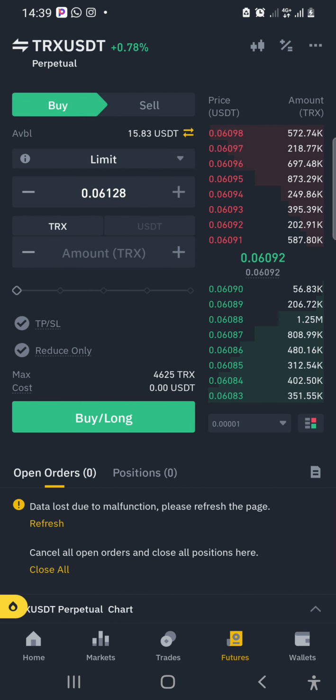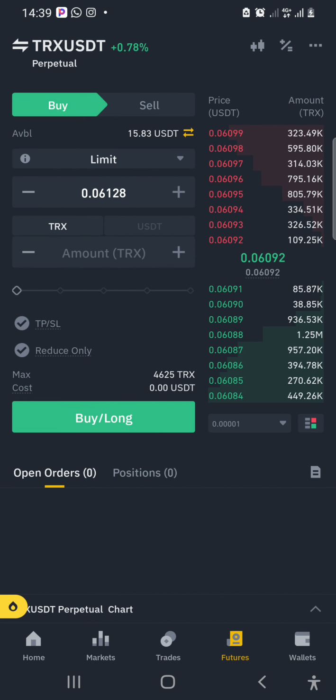With my 5x leverage, 5 times 7.9 is about 38%. So with that $1,000, risking just $30, I'll be making $380. With $100, risking $3, I'll be making $38 if it gets to that TP.